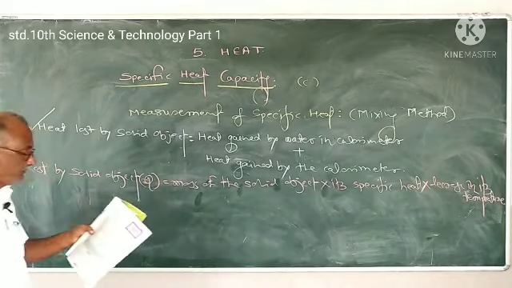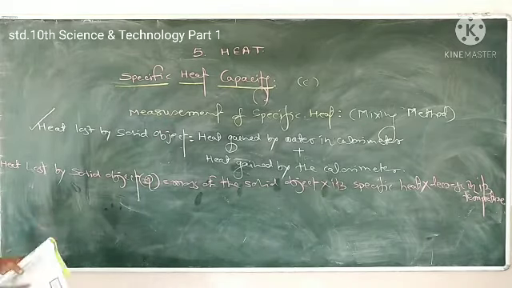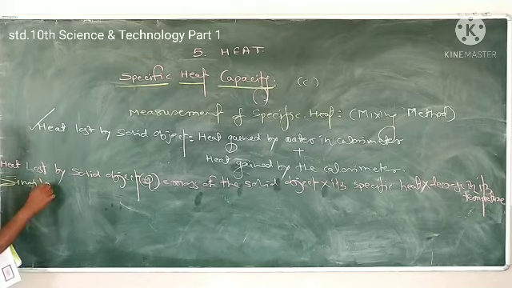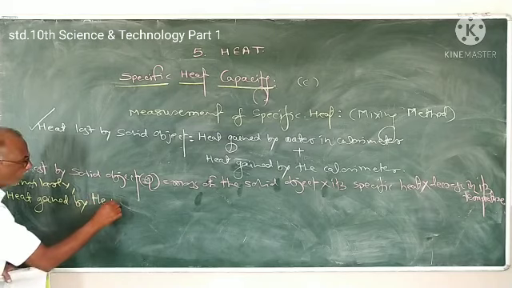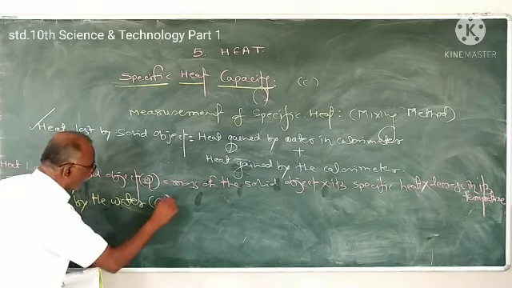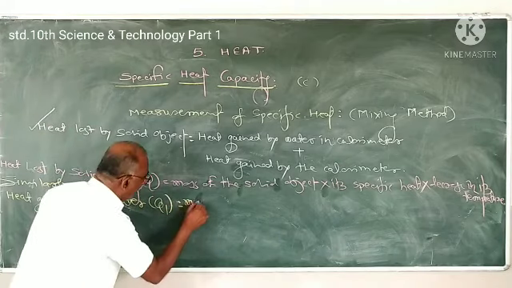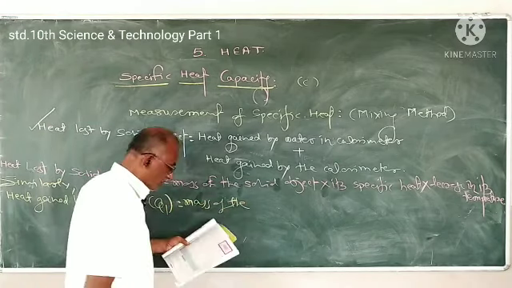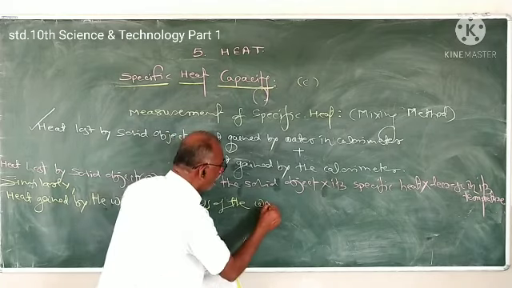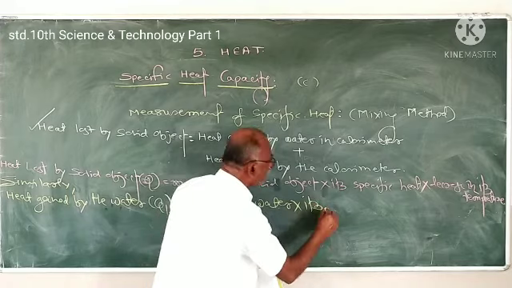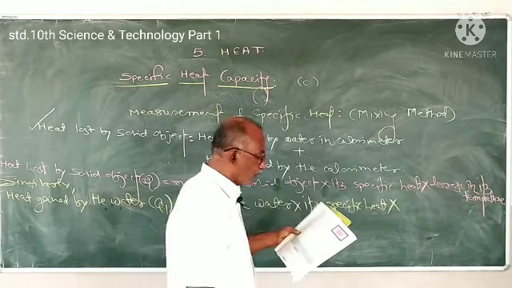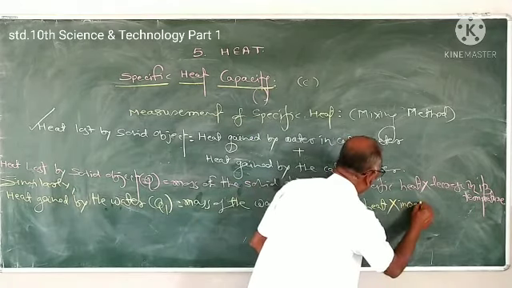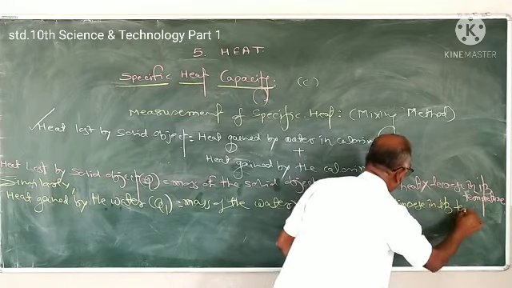Similarly, heat gained by the water, denoted by Q1, is equal to mass of the water into its specific heat and into increase in its temperature.